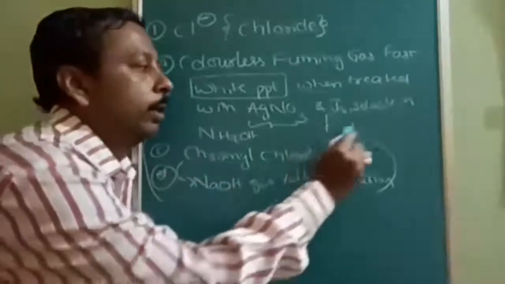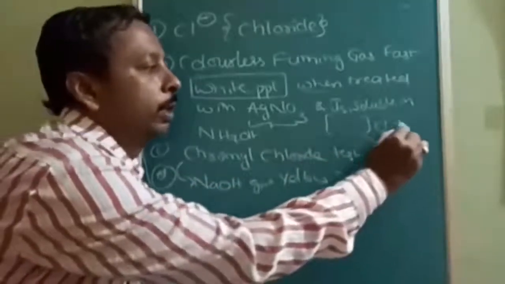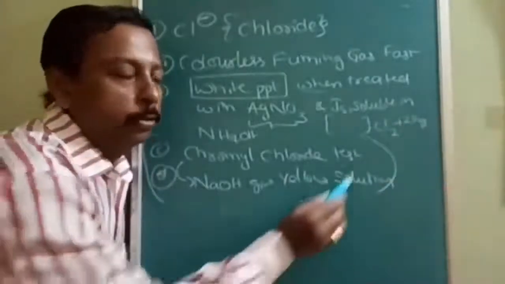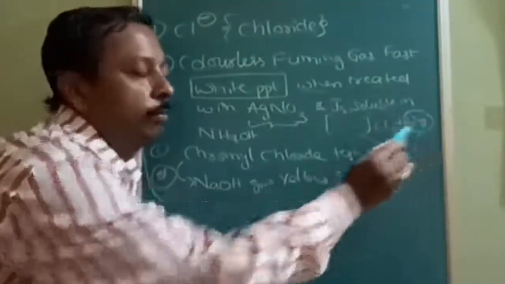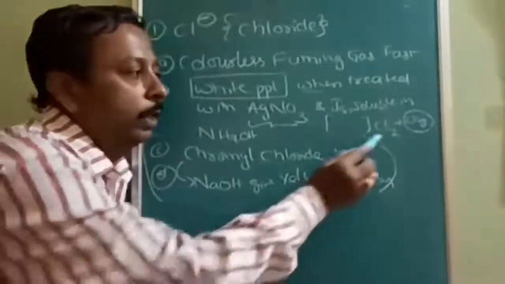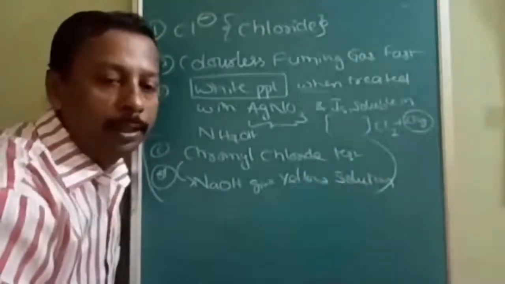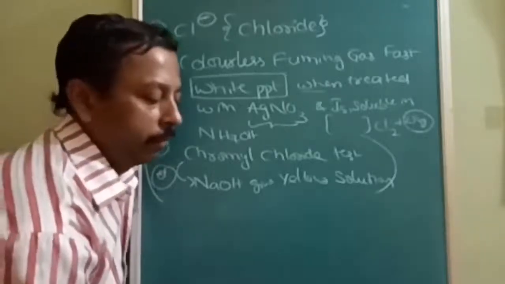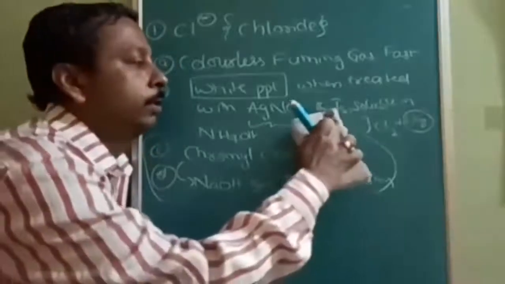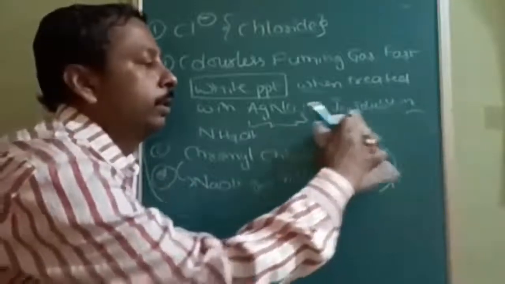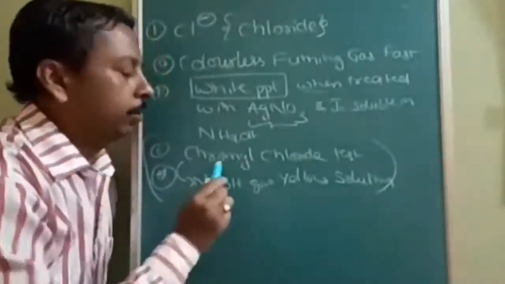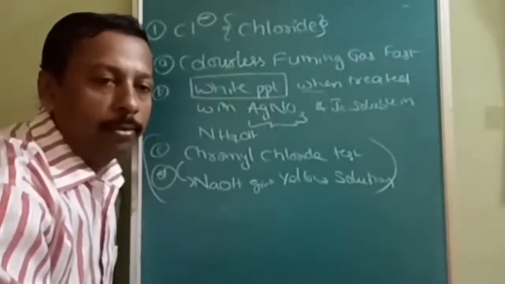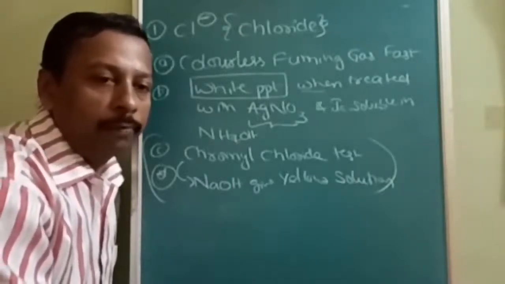Suppose 2 chlorines are there, then we use 2 moles of AgNO3. So based on that concept, there will be integer type and formulation questions in coordination compounds, and the chromyl chloride test. These are the 3 observations made during the identification of chloride ion.